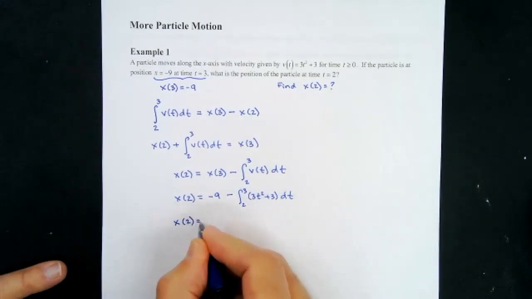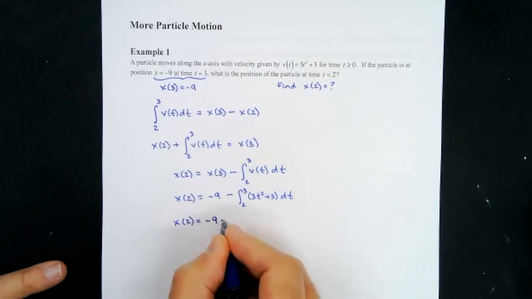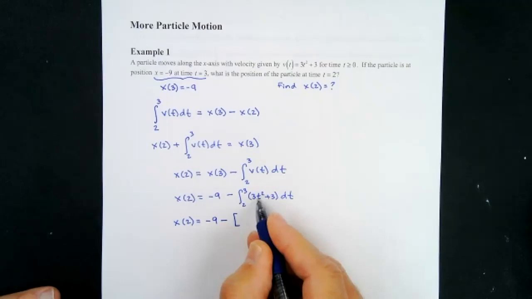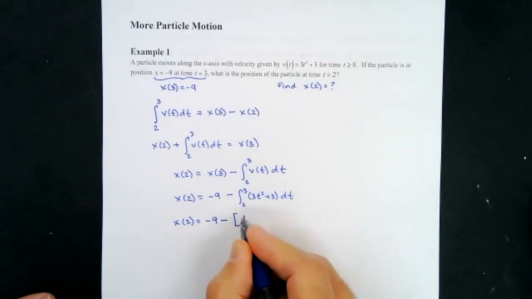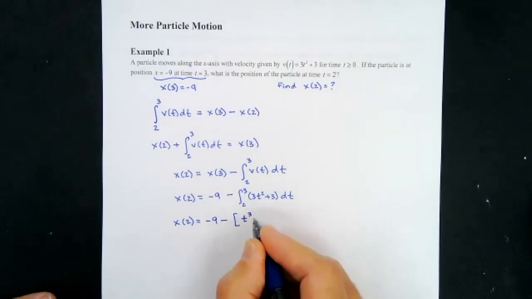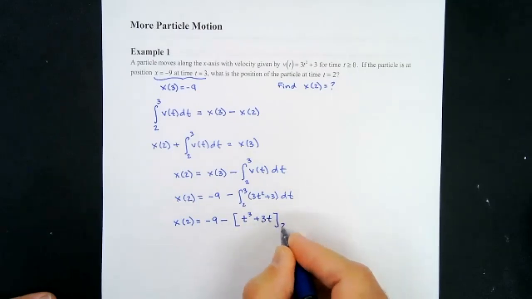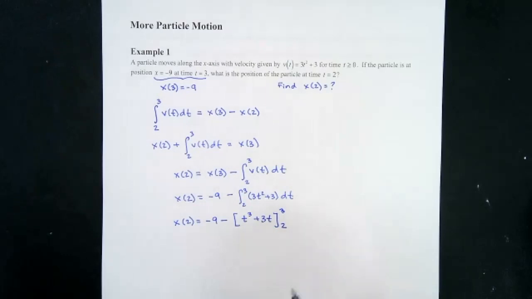So x of 2 is equal to -9 minus, and then this integral is going to be 3t cubed over 3, which would give me just t cubed, plus 3t. And then we want to evaluate that between 2 and 3.